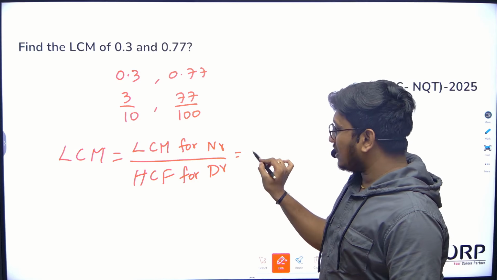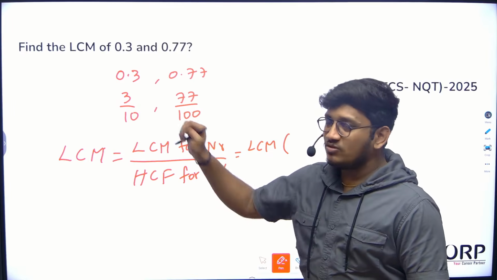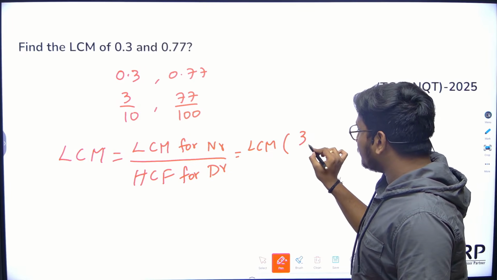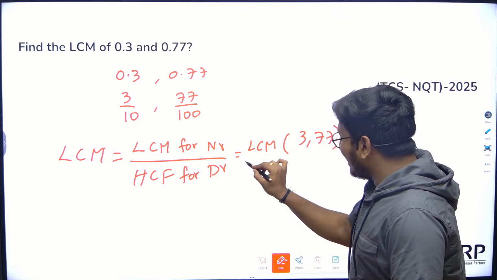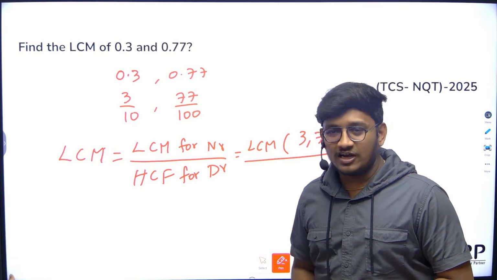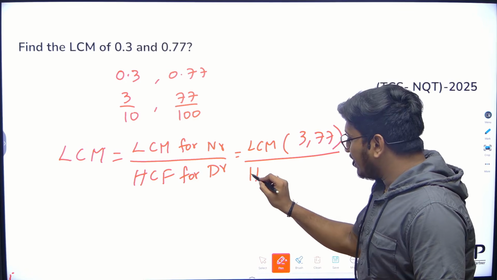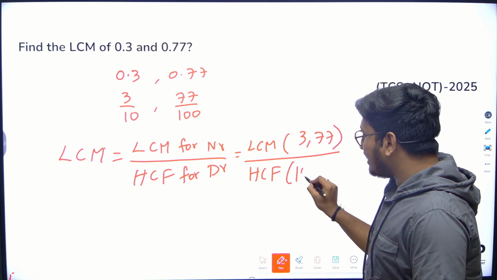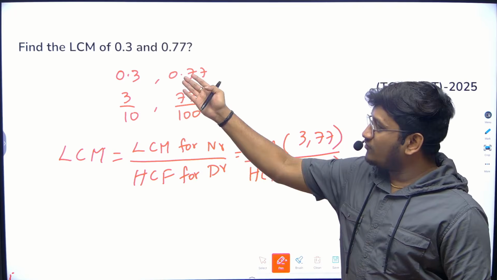Now a very simple task: LCM of the numerators we have in the fractions, 3 and 77. Next, HCF of the denominator values. What are the denominators we have? 10 and 100, right? So I need to calculate HCF for 10 and 100. This will give you the final answer of the LCM of these numbers.